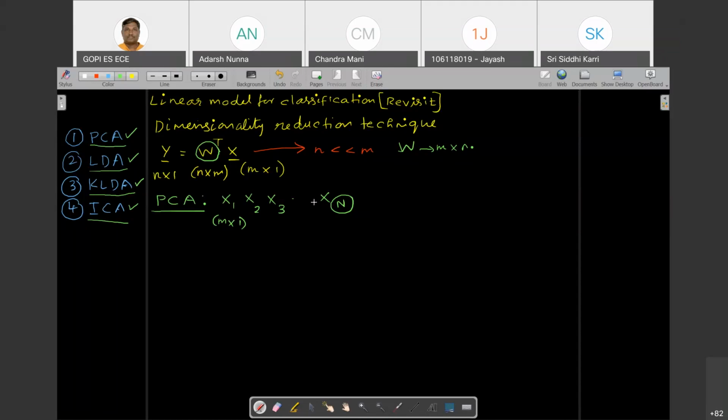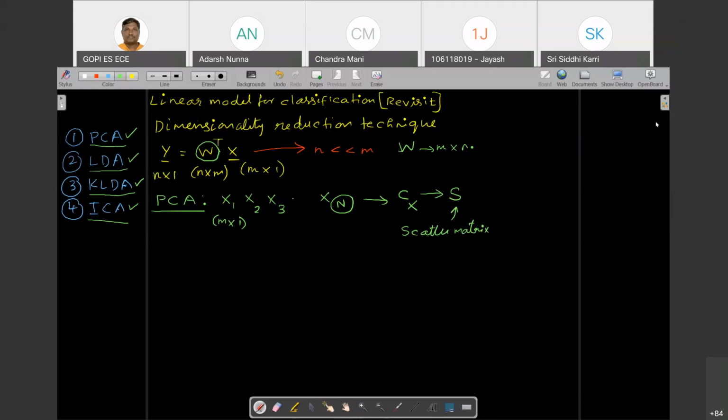What you are going to do is compute the estimate of the covariance matrix. In pattern recognition, we say that it is a scatter matrix.